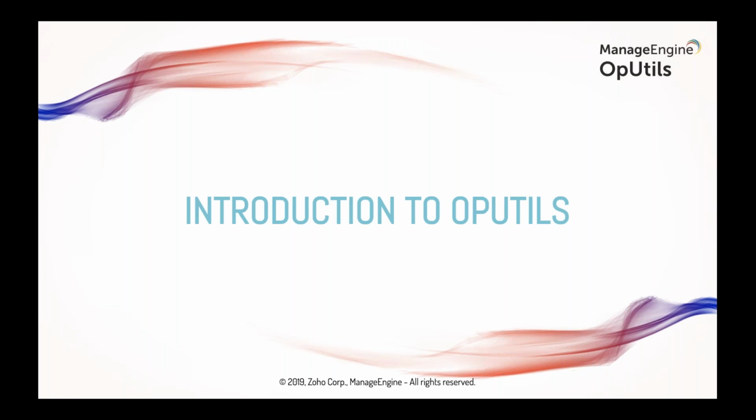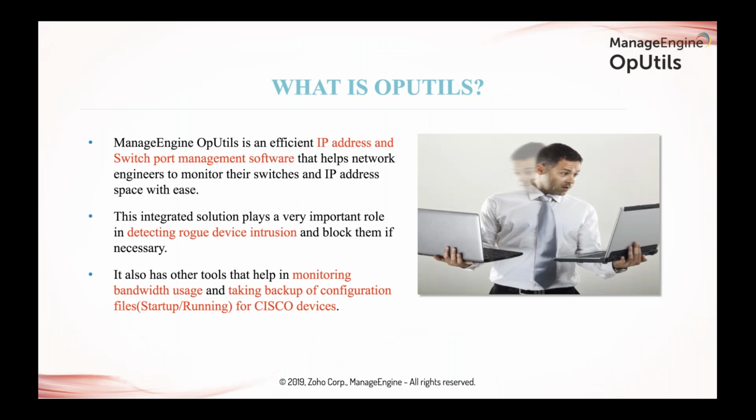So let's get started. This is the introduction to OpUtils. OpUtils is a network management and protection tool which allows you to monitor the status of IP addresses and switch ports, and it also allows you to detect rogue devices and block network breaches within your environment.